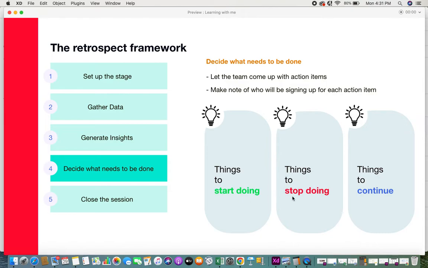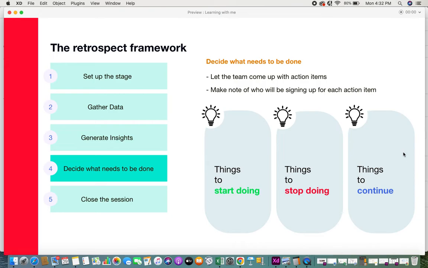There might be certain things that the team has to stop doing in order to avoid certain scenarios, that would improve the entire next iteration experience. And there are some things that the team needs to continue to do in order to have a smooth execution of the iteration and improve the iteration. So it's always nice to put down the action items into these 3 categories, so the team would be able to know the things that need to be started, stopped and continued.